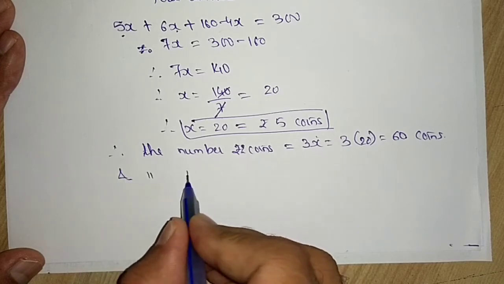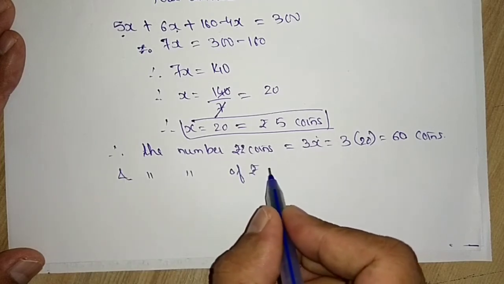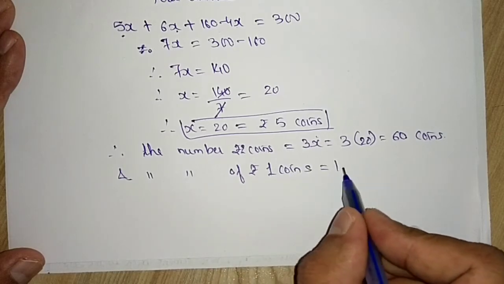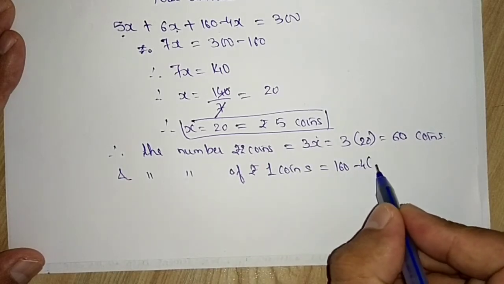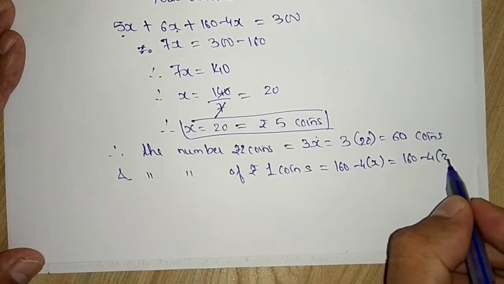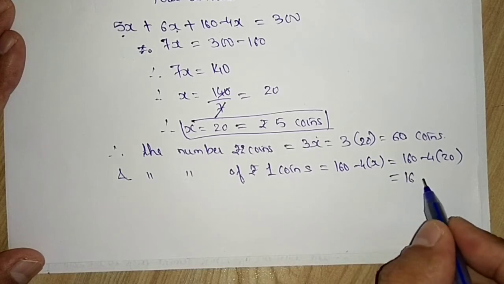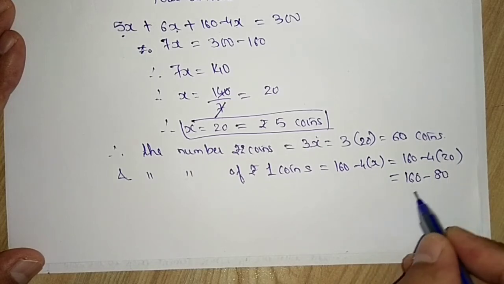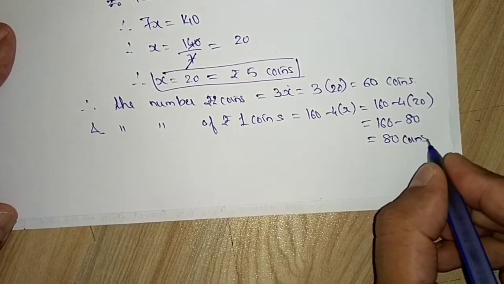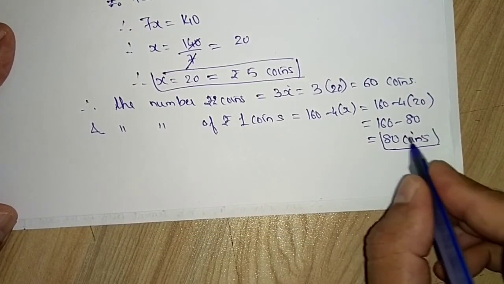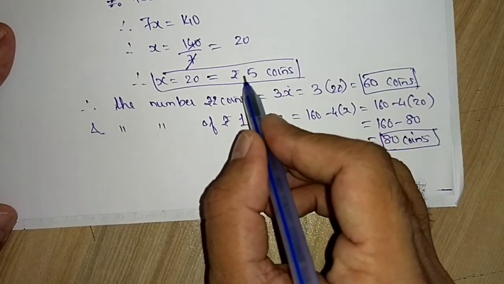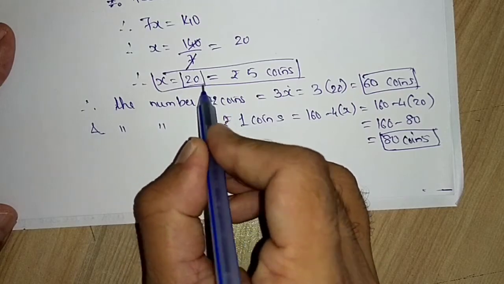And the number of rupees 1 coins is equal to 160 minus 4x, which is 160 minus 4 into 20, equal to 160 minus 80, equal to 80 coins. So rupees 2 is 60 coins and rupees 5 is 20 coins.